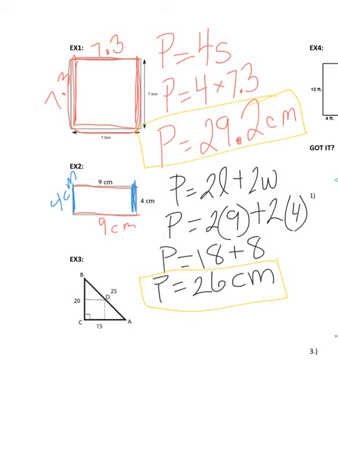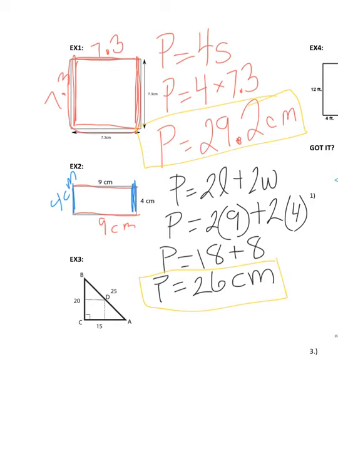And then for example number 3, we're going to go ahead and add up our triangle. So this is where some kids get a little confused because they see letters, they see squares inside of the triangle, but you have to think about what is the question asking you. It's asking you to find the perimeter. That means the distance outside of the shape.